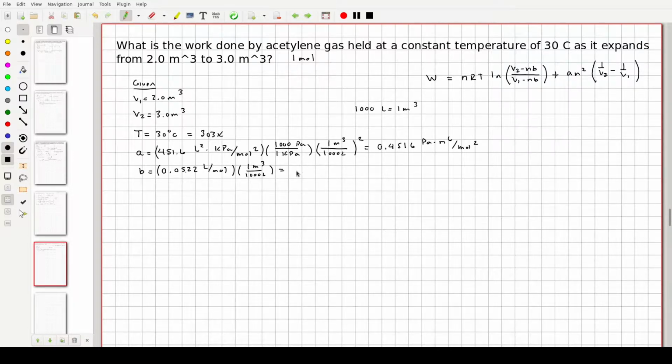So that's 10 to the minus fifth. So this would be the same thing as 5.22 times 10 to the minus fifth cubic meters per mole. Now, what we're trying to find here simply is the work. Oh, we also have 1 mole.